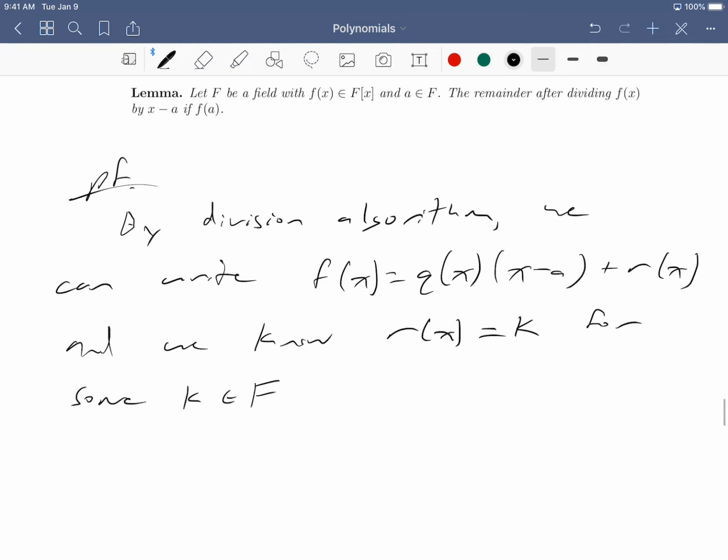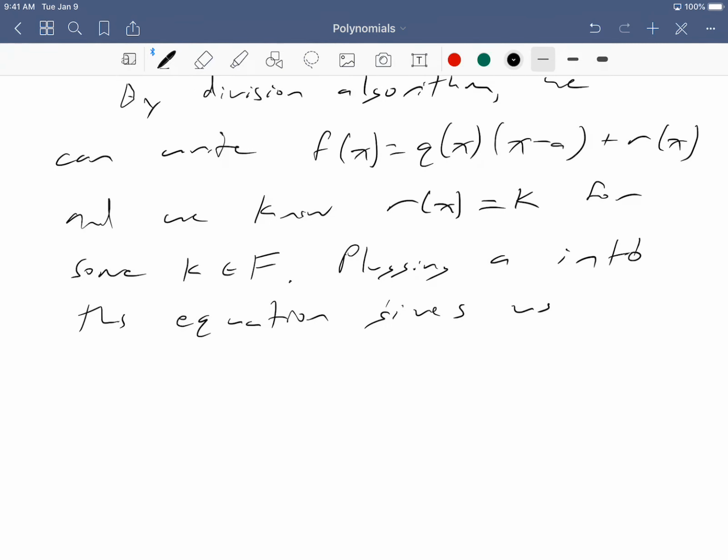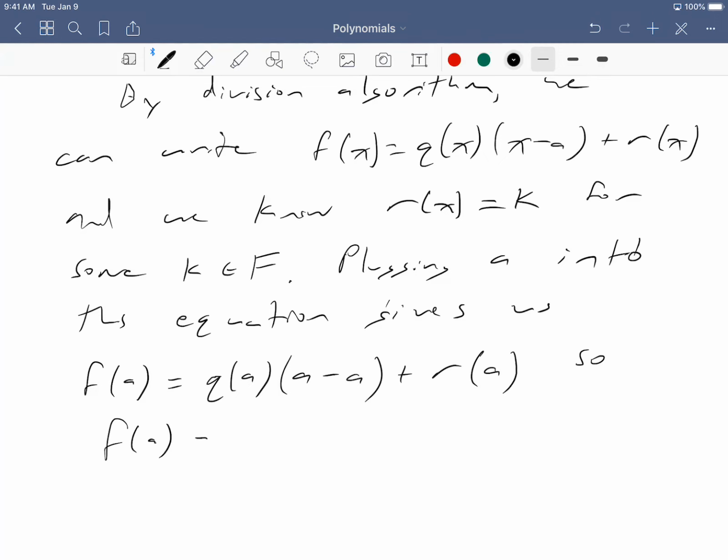All right, so plugging a in. We're going to plug a into this equation. What we get is that f of a is equal to q of a times a minus a plus r of a. So f of a equals r of a.